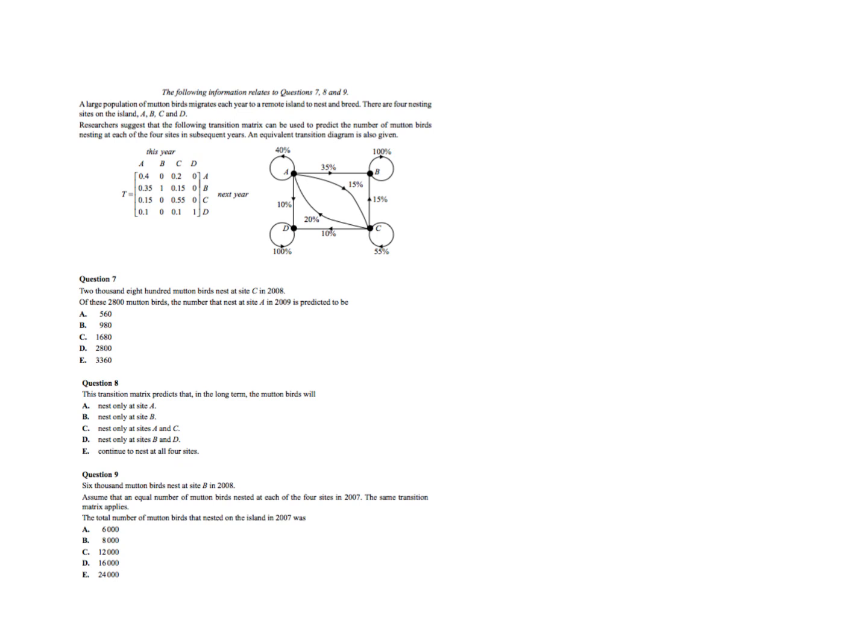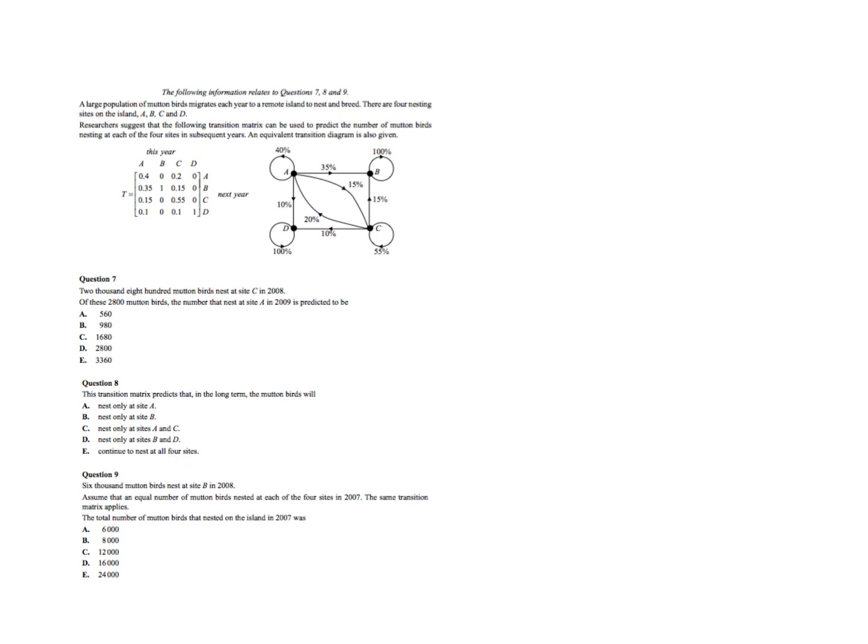Okay, so with this one, a large population of martin birds migrate each year to a remote island and nest and breed. There are 4 nesting sites, A, B, C, and D, and research suggests they move from each nesting site to each nesting site. So we have a transition diagram, and we also have a transition matrix showing that.